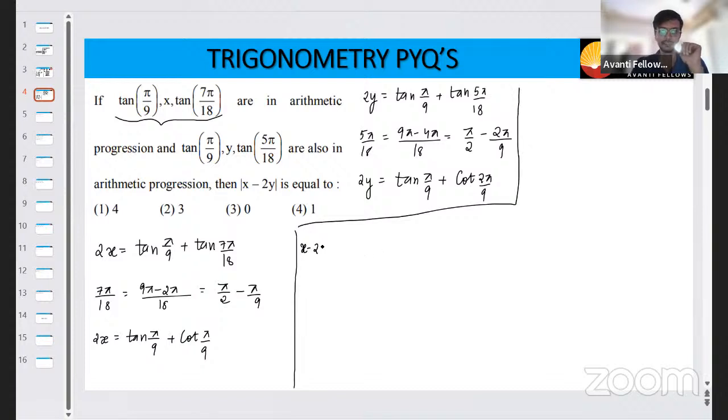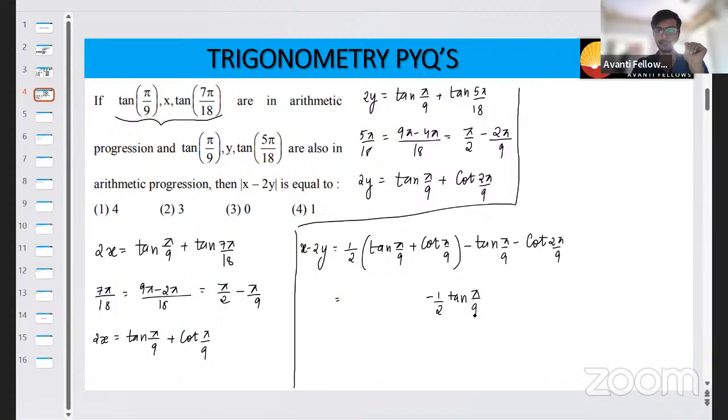So let me just write it here. X minus 2y will be half into tan pi by 9 plus cot pi by 9, minus tan pi by 9 minus cot 2 pi by 9. So half tan pi by 9 minus tan pi by 9 will be minus half tan pi by 9.